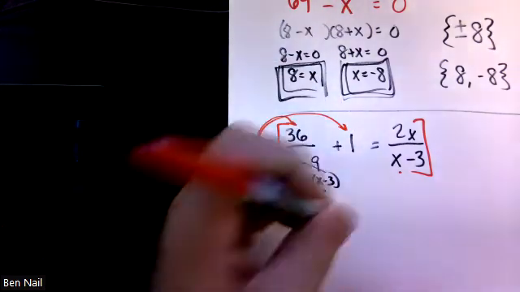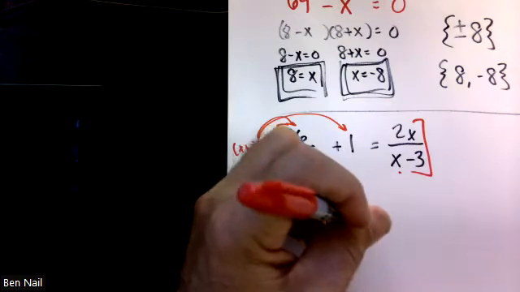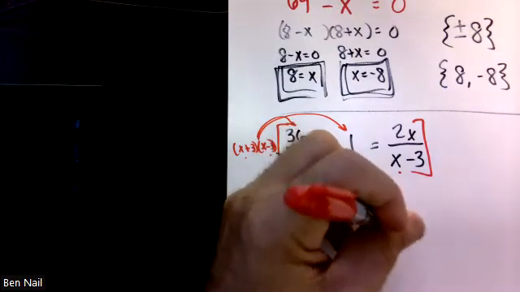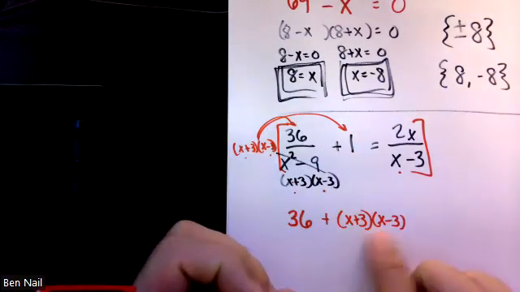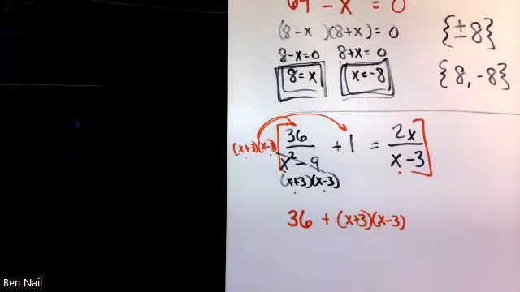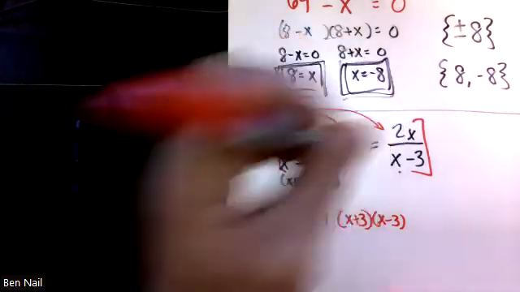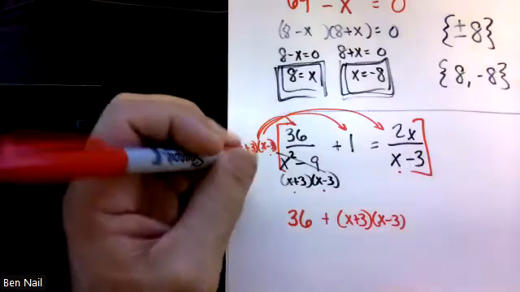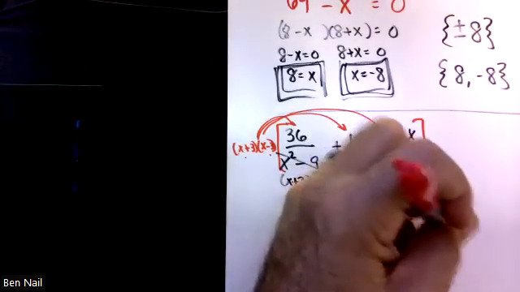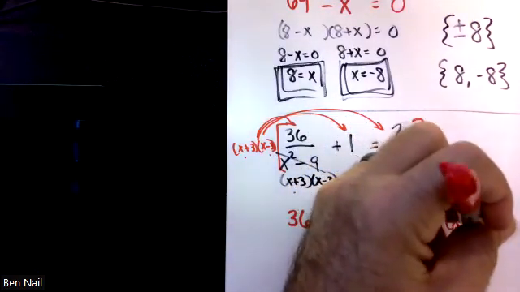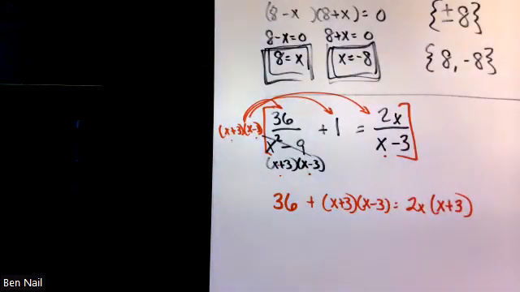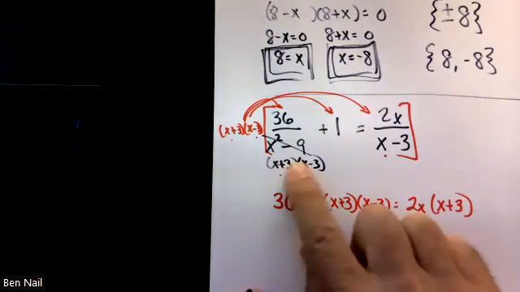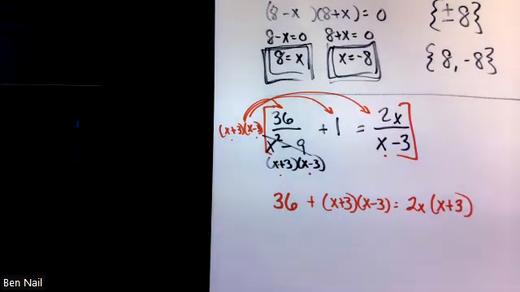If we multiply here, nothing cancels, and we get x plus 3 times x minus 3 times 1, which is x plus 3 times x minus 3. If we multiply here, the x minus 3's cancel, and you're left with 2x times x plus 3, which no longer has fractions, but is still kind of ugly.